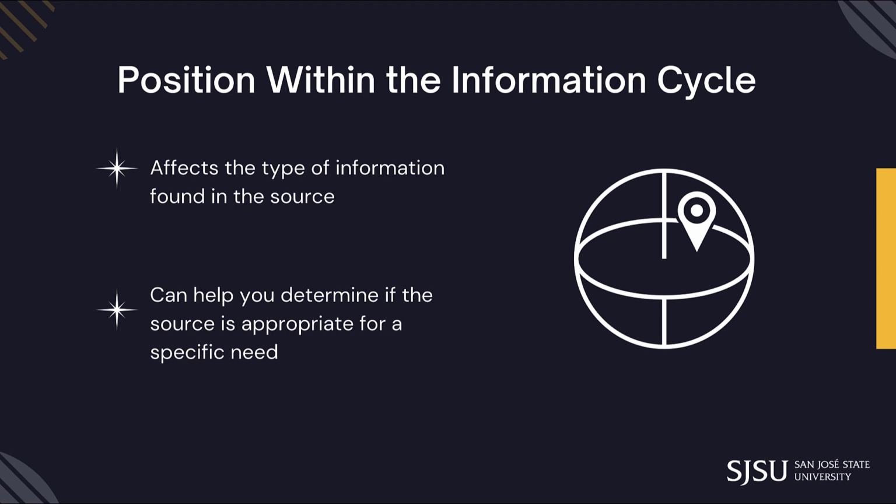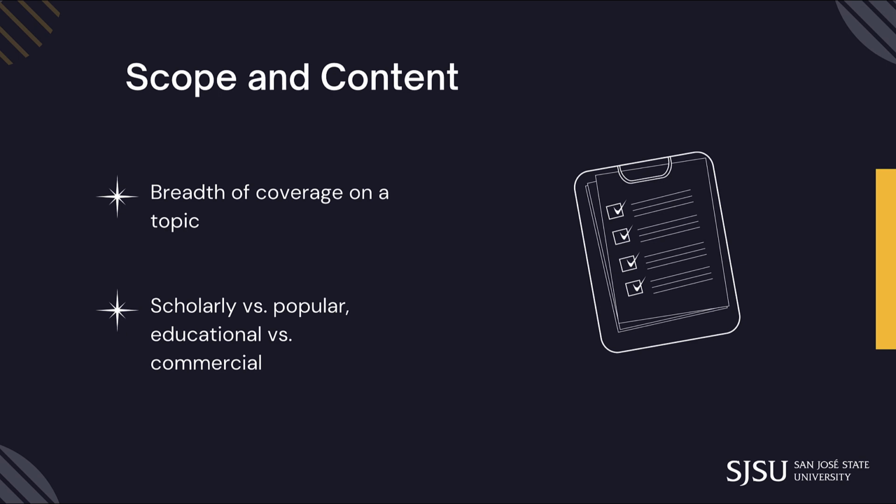For example, while a tweet may not necessarily be a reliable source of information, a researcher may need to look at a large number of tweets if they are researching something such as trends in online hate speech. In terms of authoritative research-based sources, though, you'll want to look at sources that are created later in the information cycle. Second, scope and content.